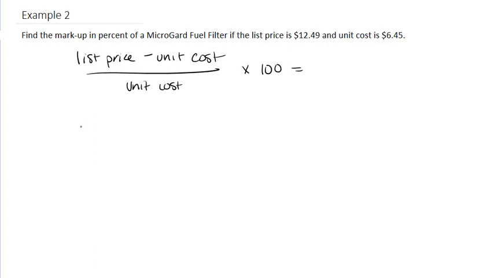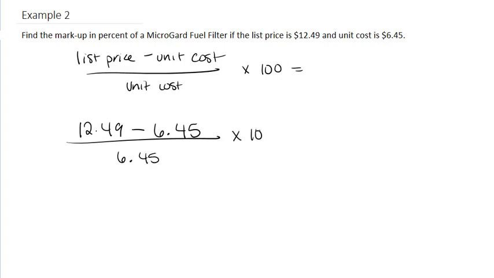So let's plug in our numbers. So we have $12.49 minus $6.45 over the $6.45. Then we're going to multiply it by 100.